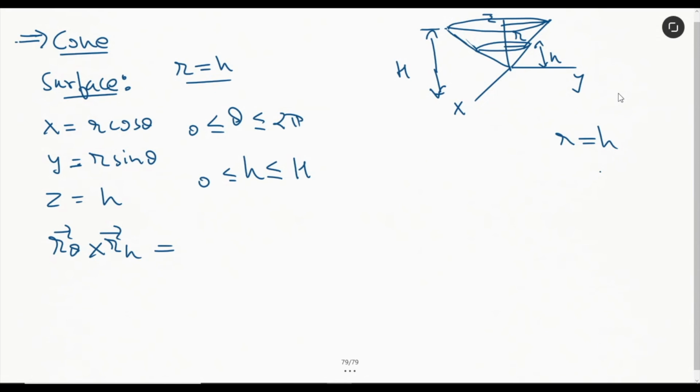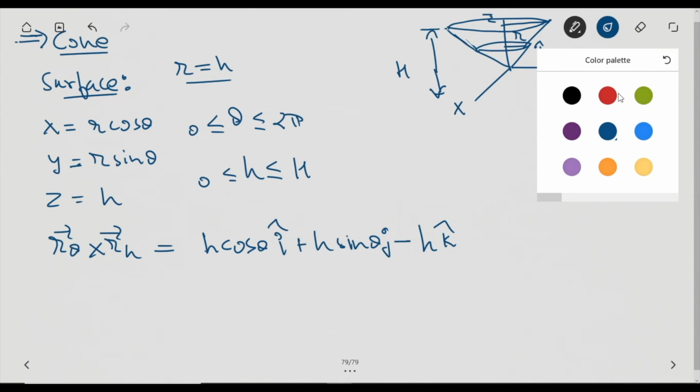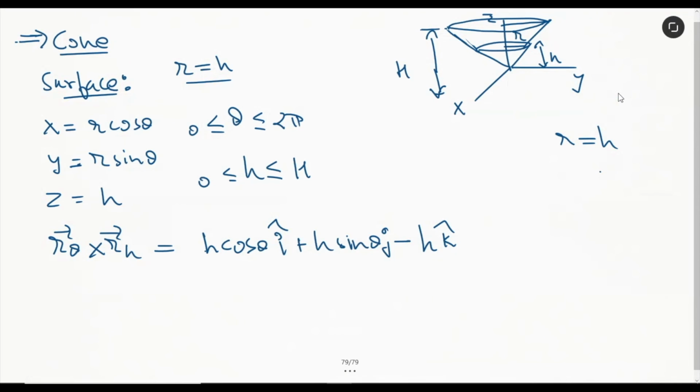We are going to get h cos theta i plus h sin theta j minus h times k cap, right? You can see at any point the outward normal, like let's say at this point, this is going to be in this direction, right? So you can see that the k component is going to be negative, right?